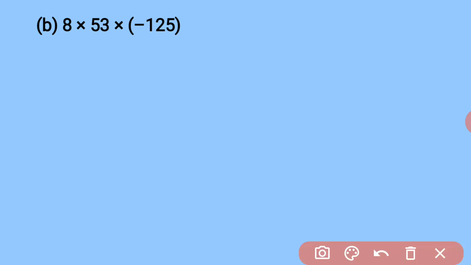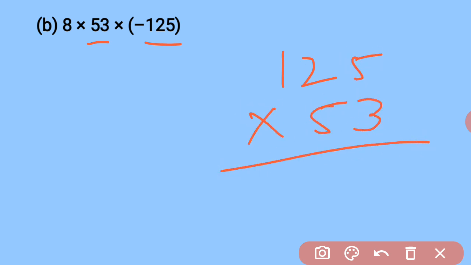One more multiplication is there, 53 and 125. 125 multiplied by 53. Again multiply the ones place. Only concentrate in ones place. Forget about all the other things. We are not going to multiply such huge numbers now. Now 5 threes gives you 15. Carry over whatever they are.